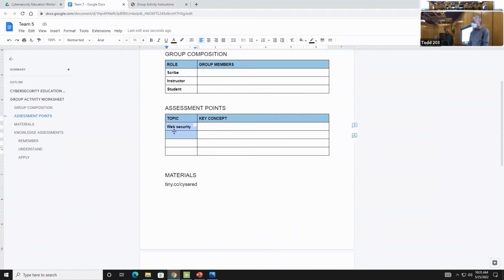So you have a topic like web security. What would be some key concepts in web security?